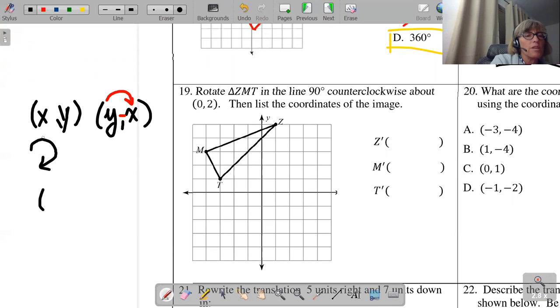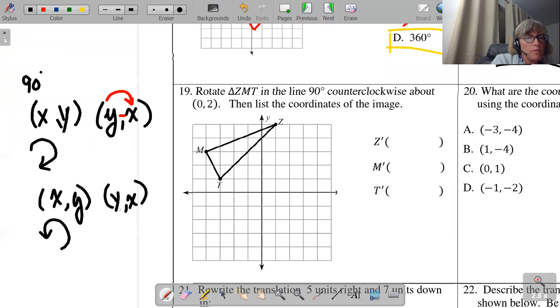These are 90-degree rotations. To rotate counterclockwise, that would be going this way. You switch the order again, whatever it is, and then you flip to the left. To rotate 90 clockwise, switch and flip to the right. To rotate 90 counterclockwise, switch and flip to the left.